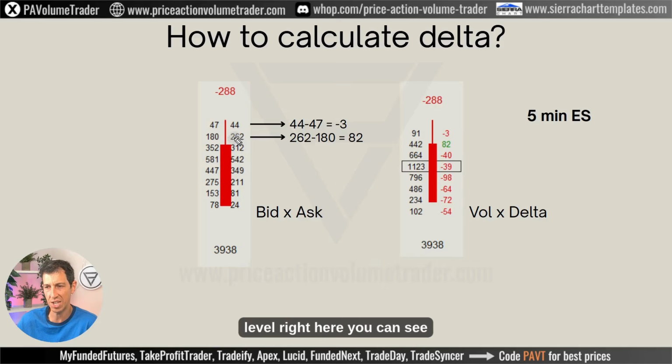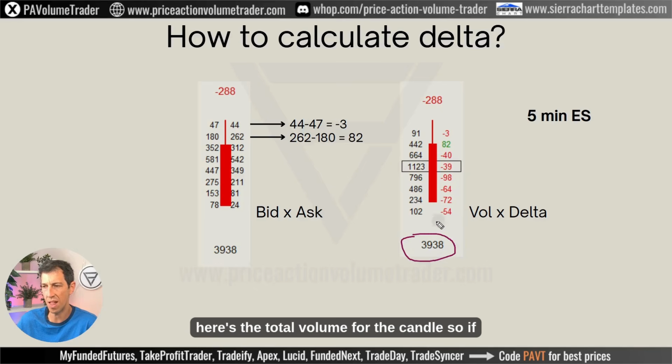Right here you can see 262 aggressive buys minus 180 executed sells. We have a positive delta of 82 at this price level and a total volume of 442. Okay, so we just keep doing this for every price level, and here's the total volume for the candle.